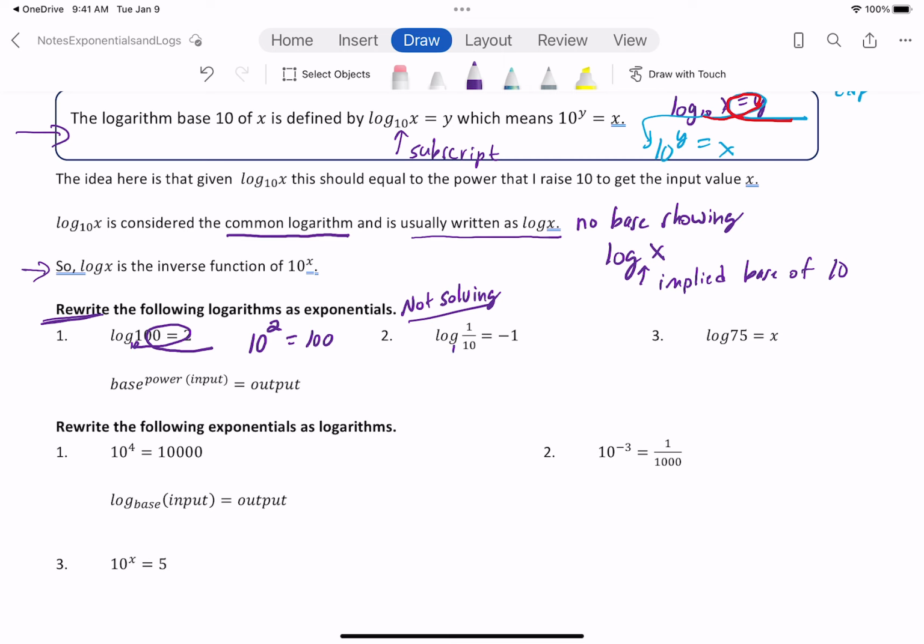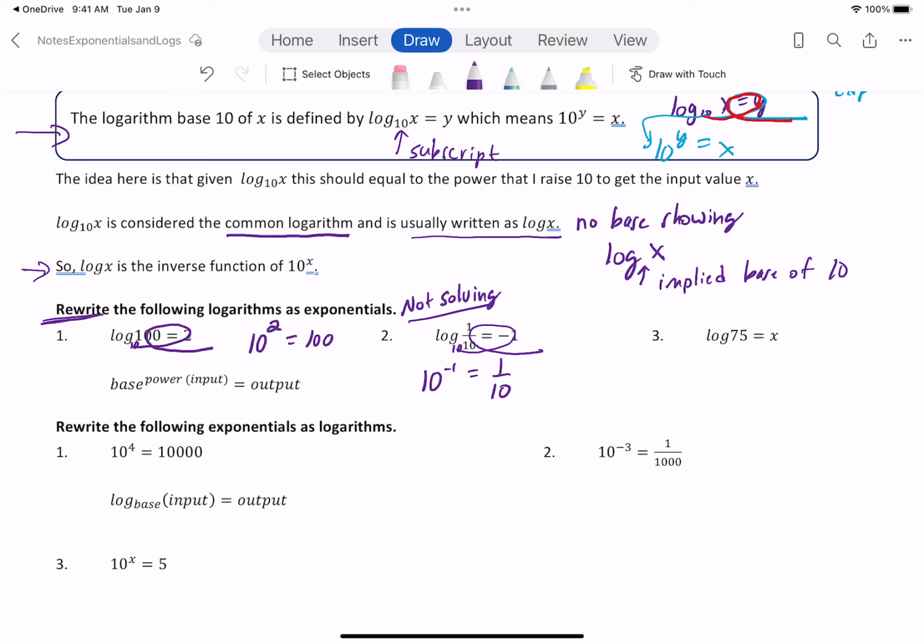So this one is also a base of 10. So we do the same thing. We always start with the base and go around. So we have base 10 raised to the power -1 equals 1 over 10. And again, that is a true statement. 10 to the -1.